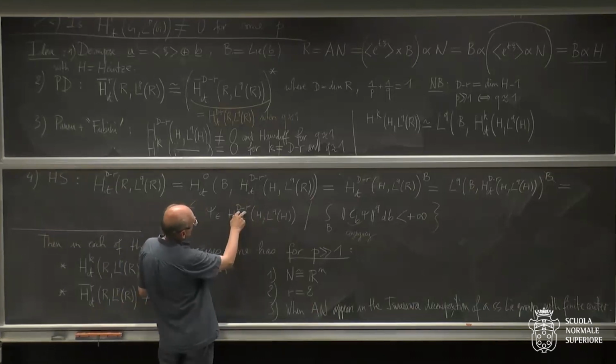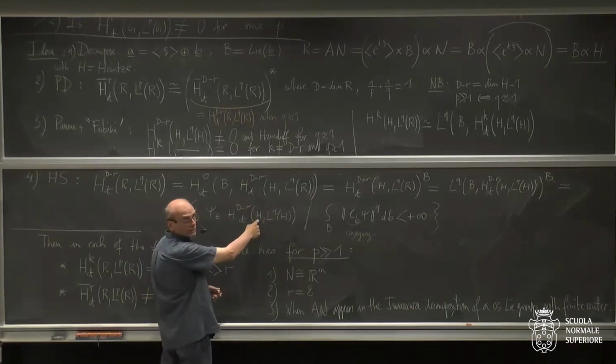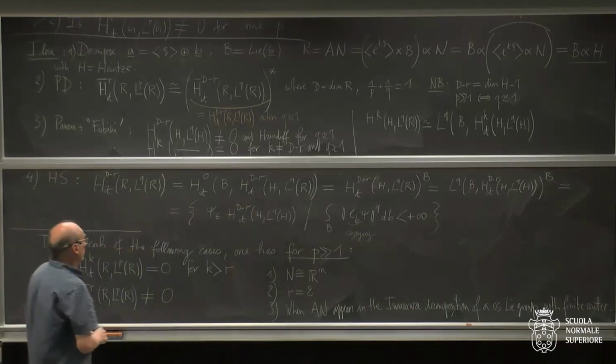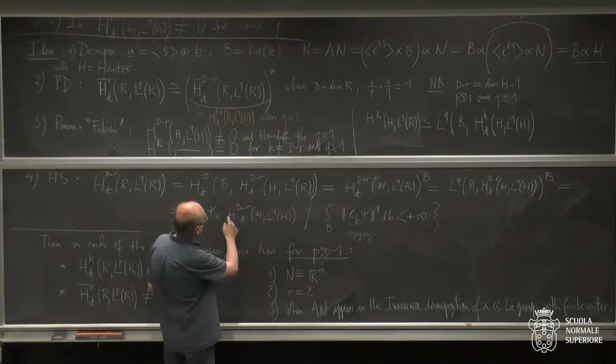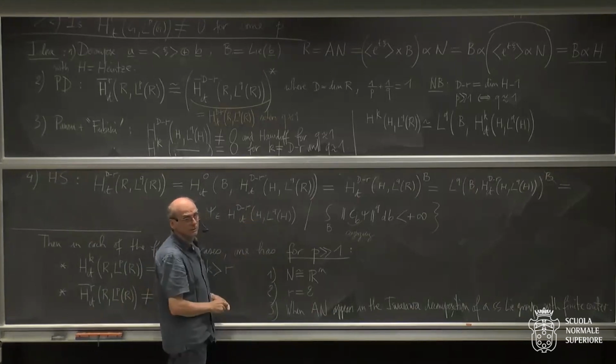And so you can read this cohomology on the boundary of H. The boundary of H is N. And so this can be expressed as some volume forms. So you use the de Rham cohomology: volume forms on N with some properties.